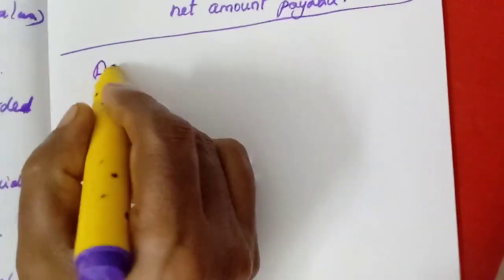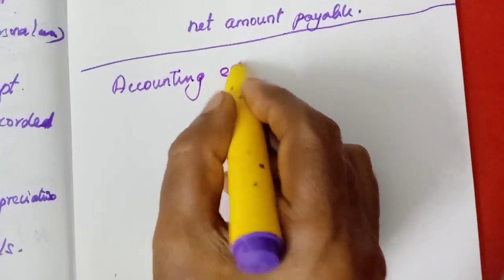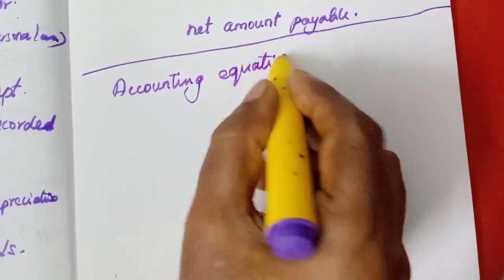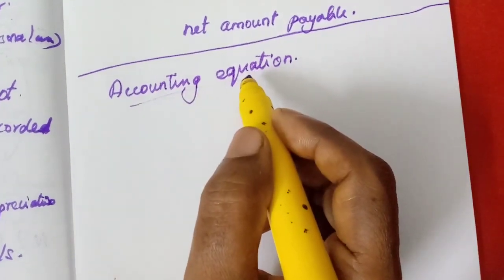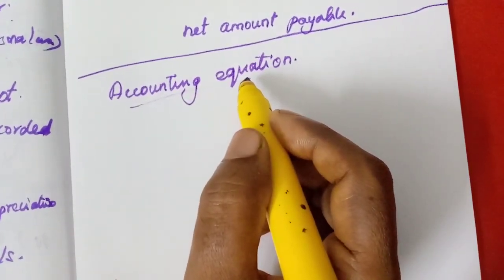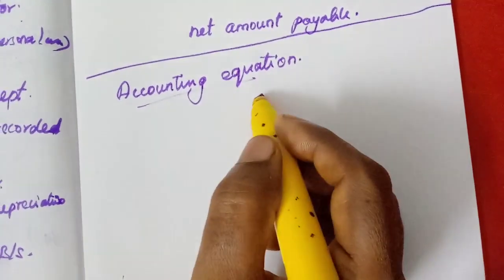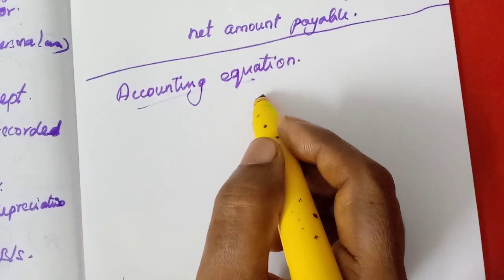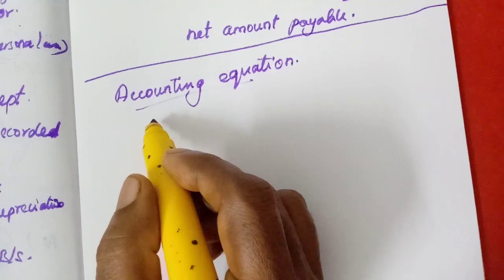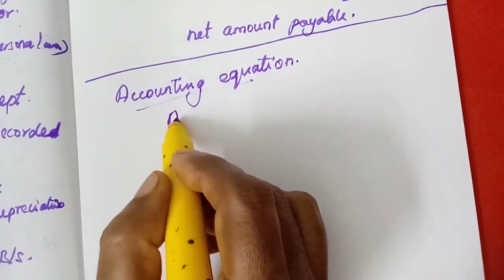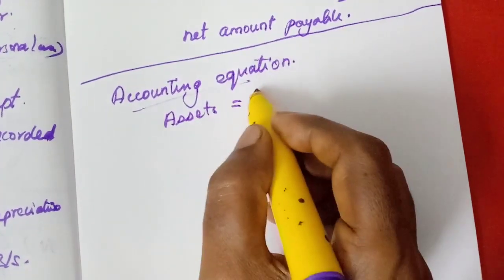The basic accounting equation. Because all the debit aspects are equal to the credit aspects. We will not record a debit of 10 lakh and a credit of 9 lakh, no. If there is a debit of 10 lakh, there should be a corresponding credit of 10 lakh. So the debit means all the assets; the debit aspects will be equal to the credit aspects.